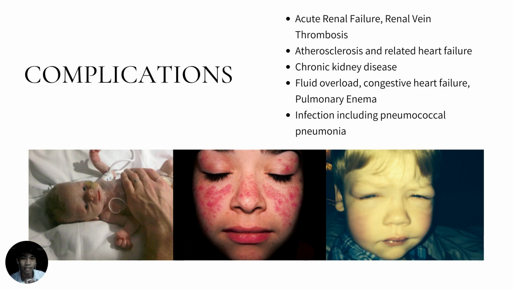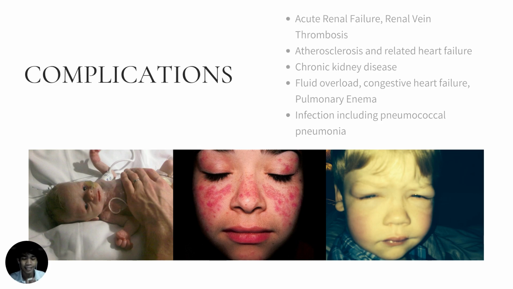Next is atherosclerosis and related heart failure, chronic kidney disease, fluid overload, and congestive heart failure because of the edema present, or the anasarca or pulmonary edema. Next is infection, including pneumococcal pneumonia. Children who have nephrotic syndrome have a high chance of having pneumococcal pneumonia.